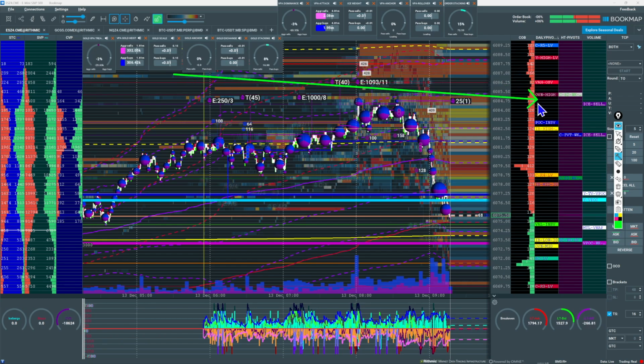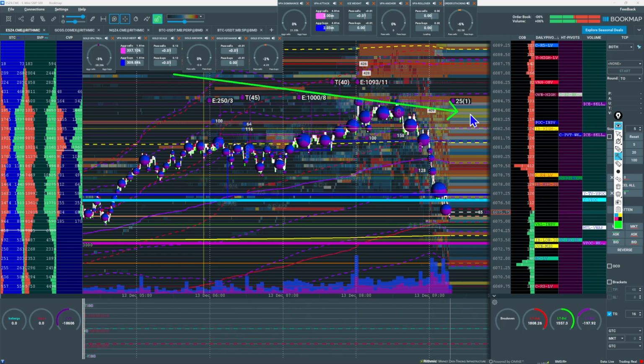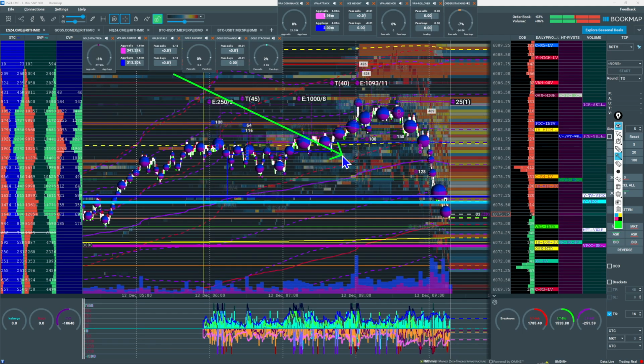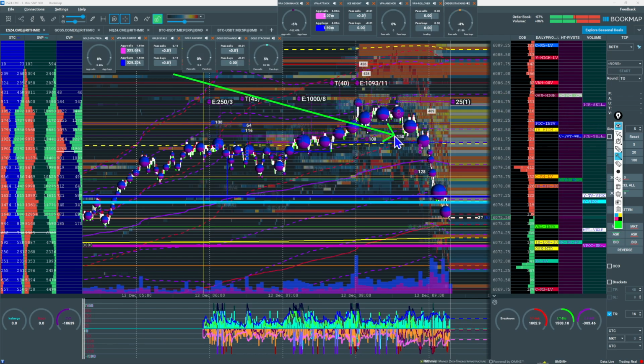So it's a level of interest that I marked out, iceberg sellers, to keep in mind. If we do get buyers coming back up, maybe I want to take something like a Black Sun strategy around this area. I'm just labeling it to keep this in mind.